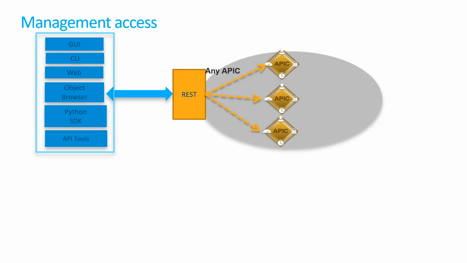If you are a DevOps person, you can use the web interface and object browser. If you are a developer, you can use the Python SDK. If you don't know anything, always go ahead with the UI interface or CLI. So there is flexibility, whether you are a technical or non-technical engineer, you can access the APIC and view it the way and in the format you want.